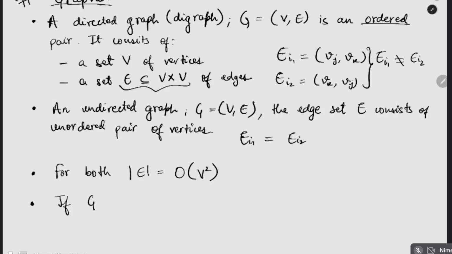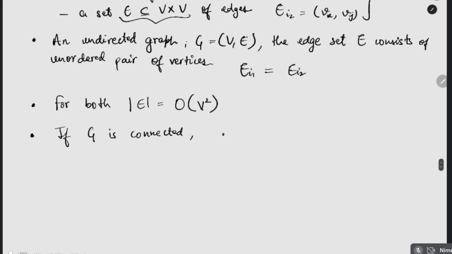And if G, if we say that the graph is connected, what is a connected graph? A connected graph is basically where, for this set of vertices and edges, there is no vertex that has no connection with any other vertex.